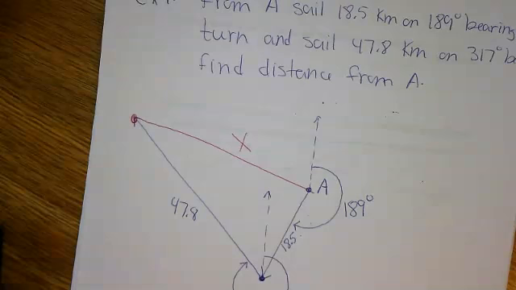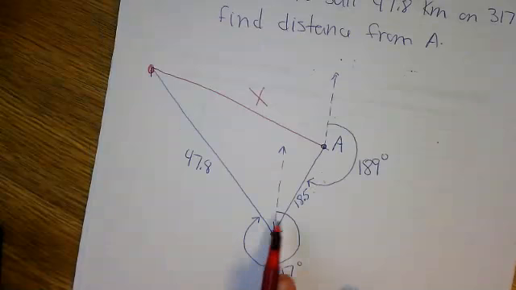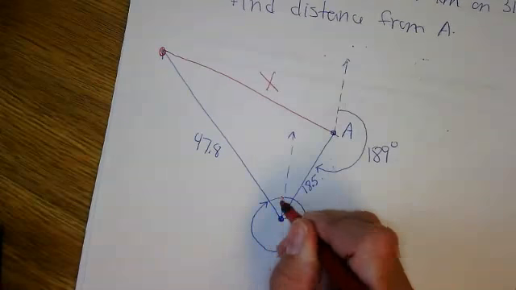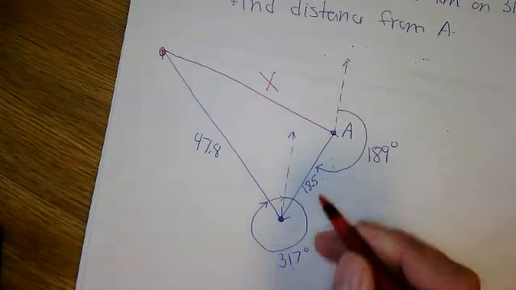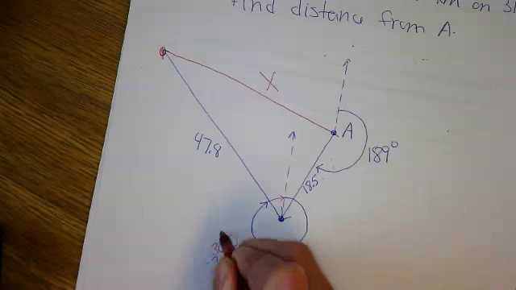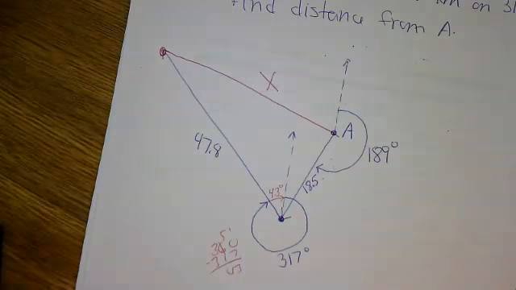Okay, what we need to do is find this angle, and you can usually find each side of this angle. Obviously, we can find this part by finishing off the 360. So if I go 360 minus 317, this side of it's 43 degrees. And remember these before?